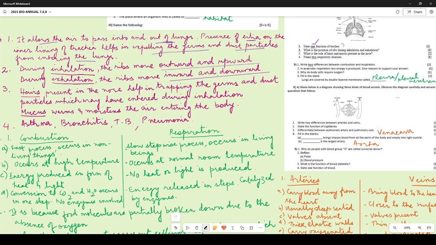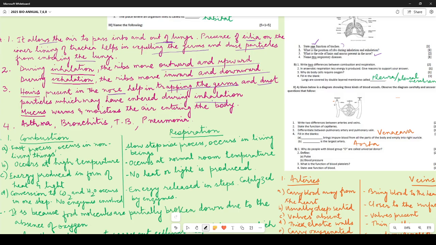In anaerobic respiration, I'm again shifting. What is the role of hair and mucus present in the nose? So hairs present in the nose help in trapping the germs and dust so that it does not reach the lungs, which may have entered during inhalation.